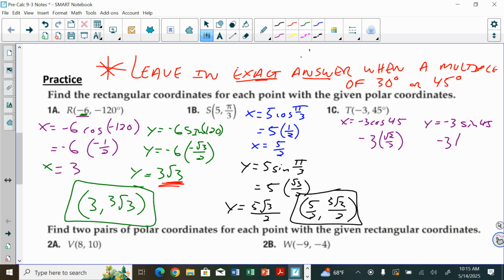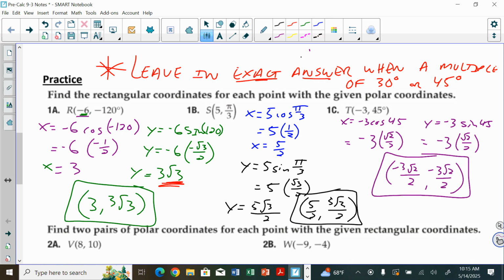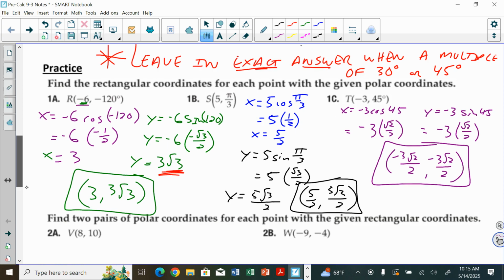This is going to be -3 times square root of 2 over 2 also. So there it is. I'm going to have my xy coordinates, -3 square root of 2 over 2, comma, -3 square root of 2 over 2. So just by using that first formula there.